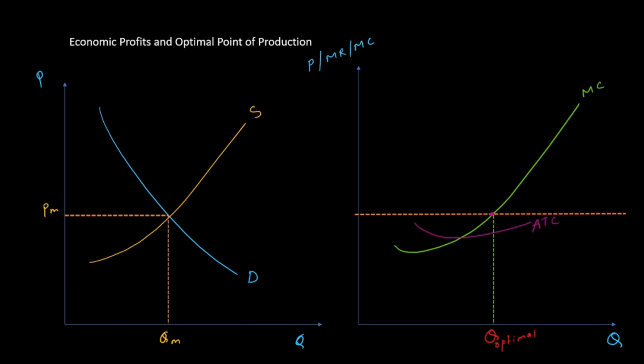For the 11th unit that I'm producing, my marginal cost will be higher than the marginal revenue, right? Remember, the marginal cost curve is a U-shaped curve. So after a certain point, my marginal cost keeps increasing, okay? Suppose the marginal revenue that I generate by producing the additional 11th unit is around $10, but my marginal cost is $12.